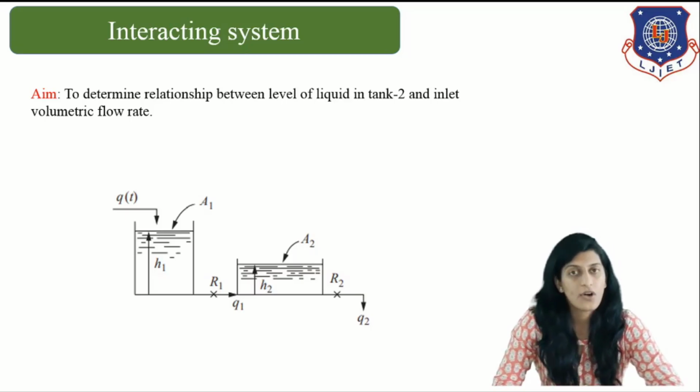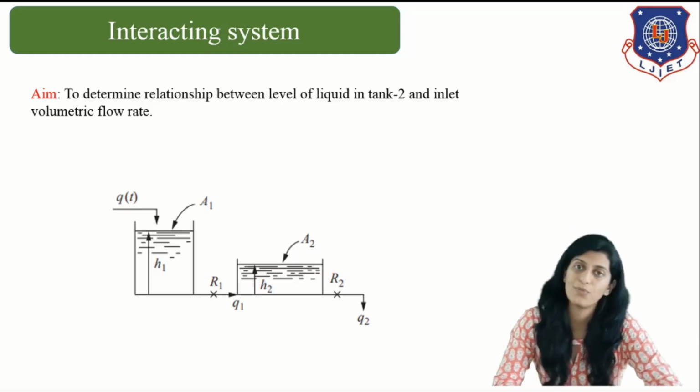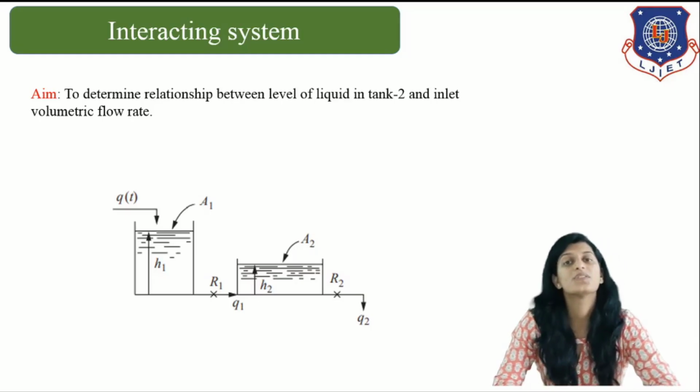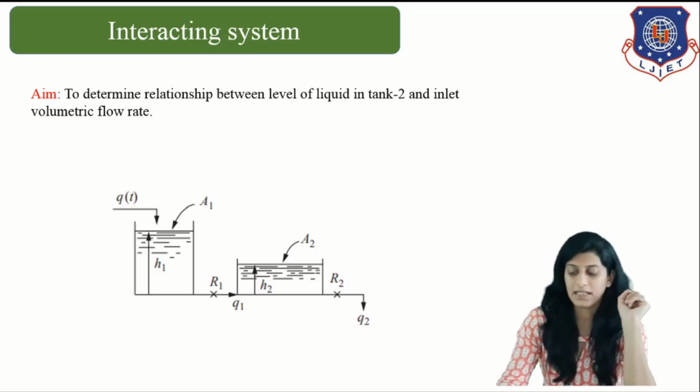We have talked about the interacting system, in which the level of liquid or the flow rate coming out of the system depends on the height of liquid in both the tanks, and due to this phenomenon only the system is termed an interacting system.